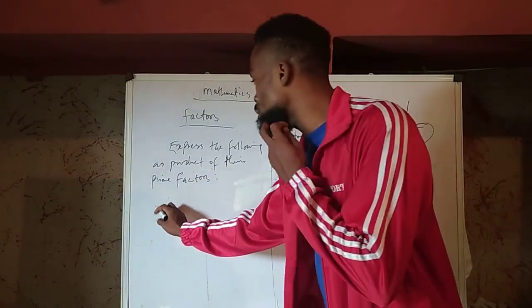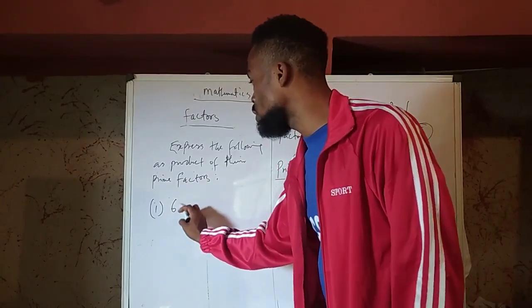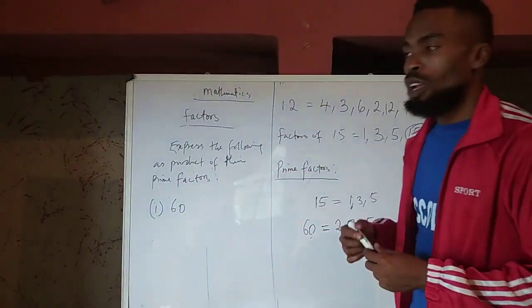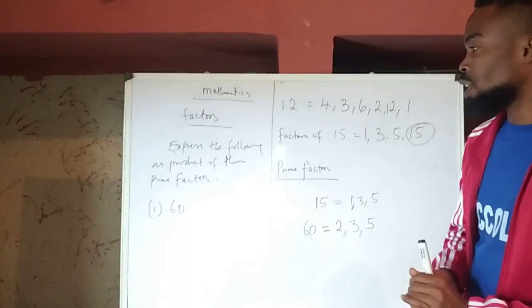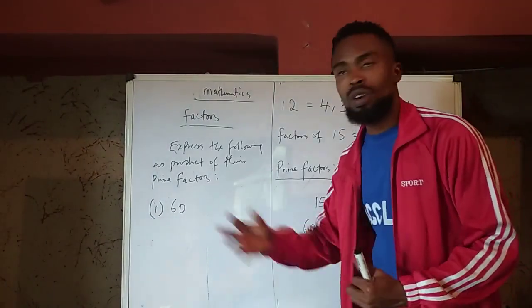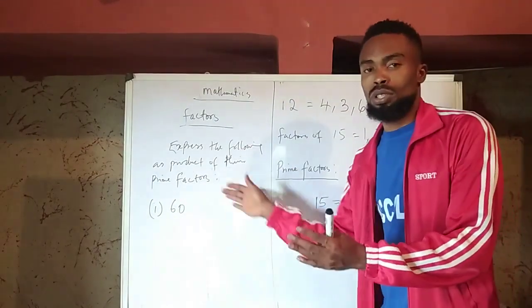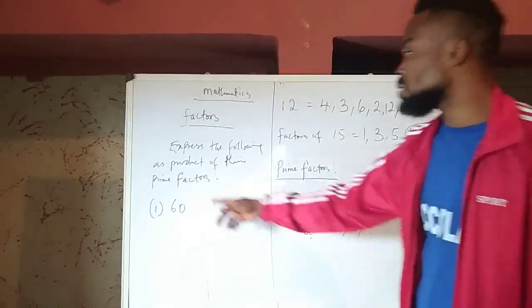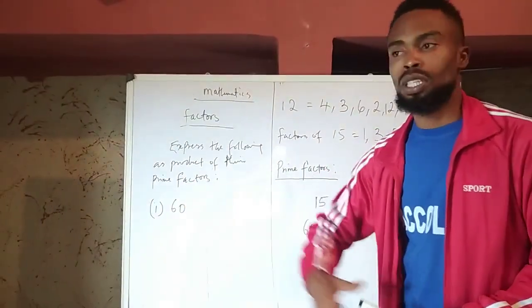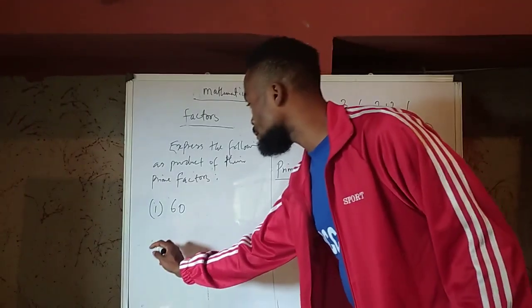Okay, so we are going to start with 60. We have done that already. What that means is that we should write out 60 as a product of their prime factors. Product means multiplication. Okay, that's what product is.